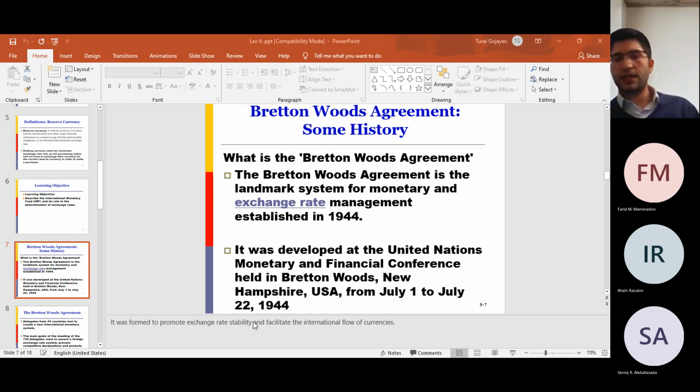So what happened in this case? The IMF and G20 countries supported Greece. Do you know the G20 countries? 19 countries plus the European Union are the members. They create G20.